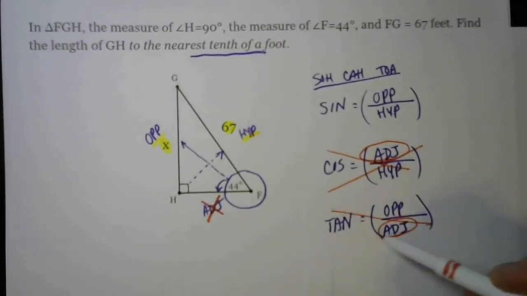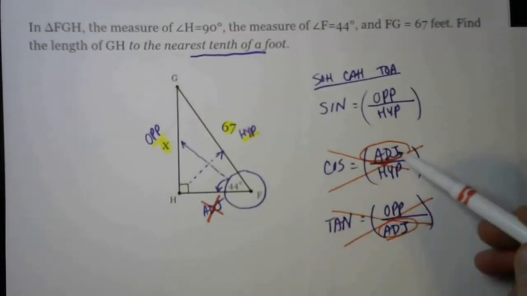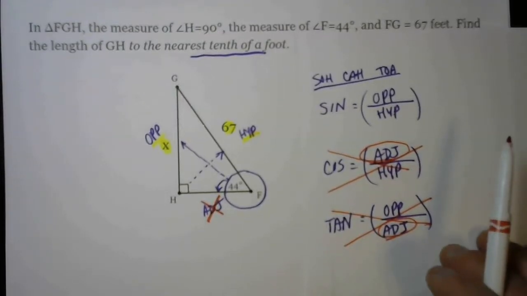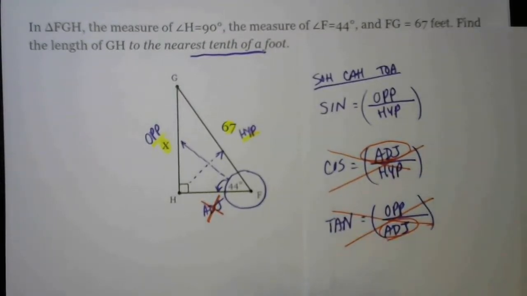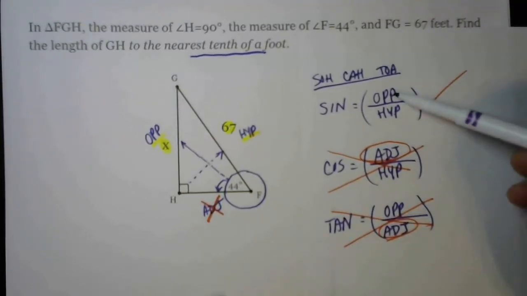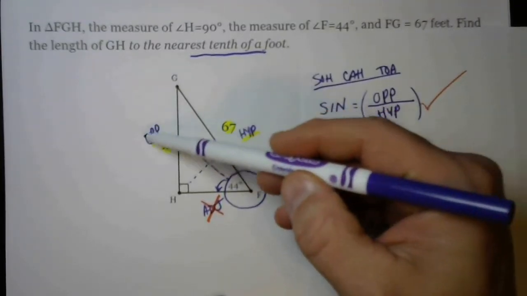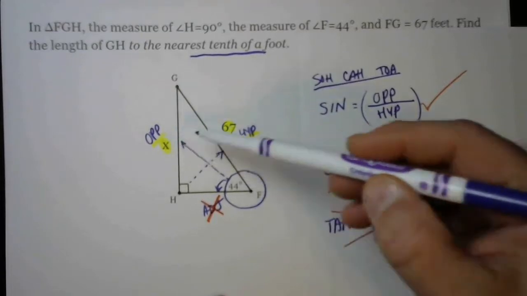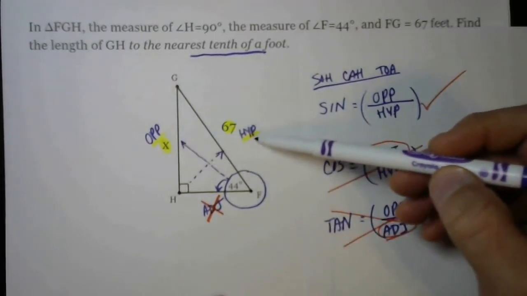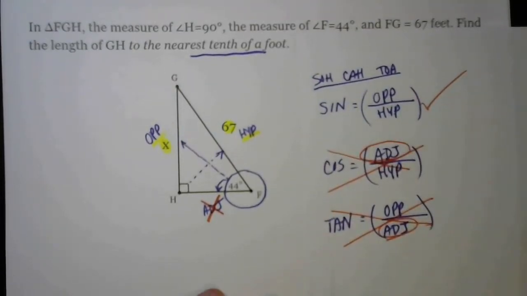So I can't use either one of those. That means I must use sine. I can double check by saying sine is opposite over hypotenuse, and I have values for my opposite and my hypotenuse. So I know that I'm using sine.